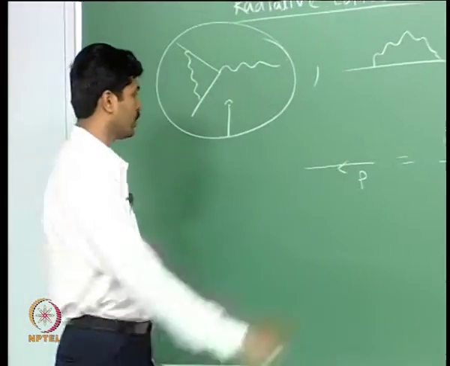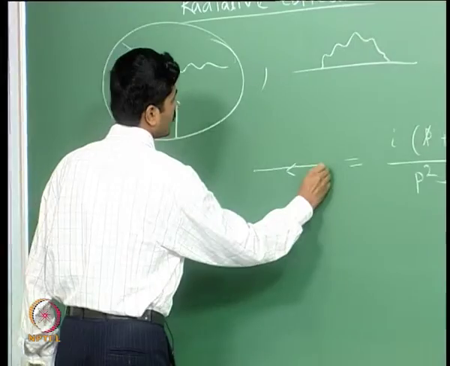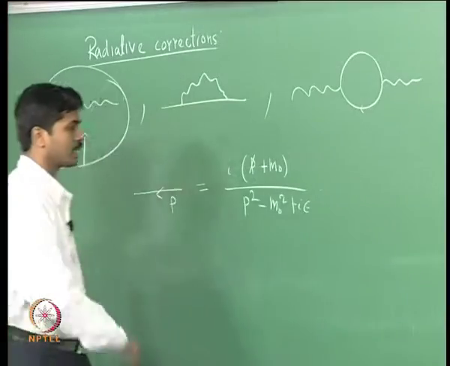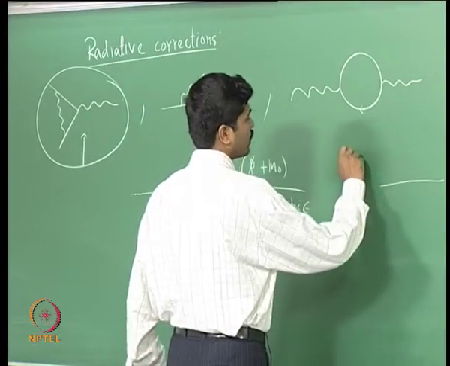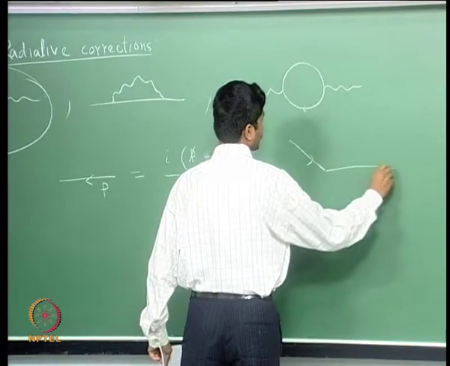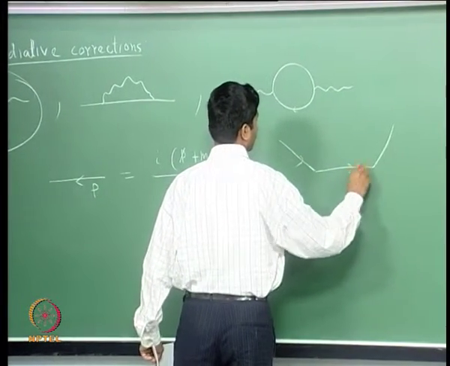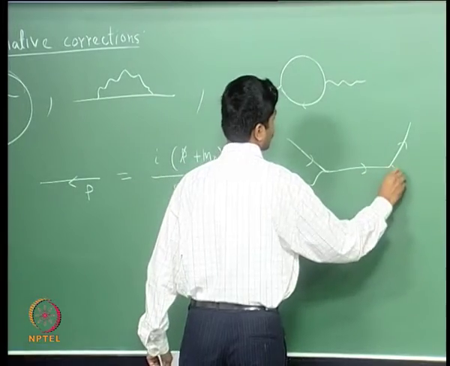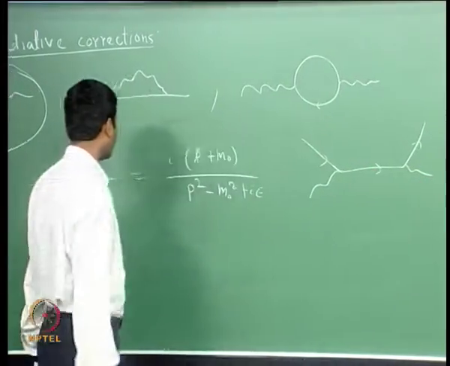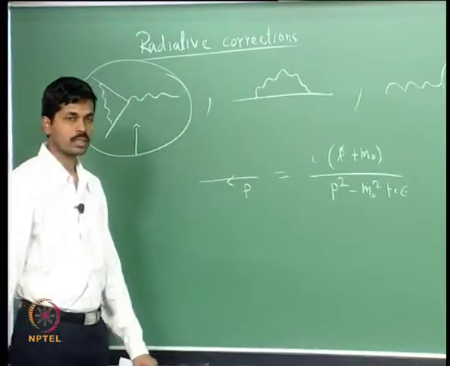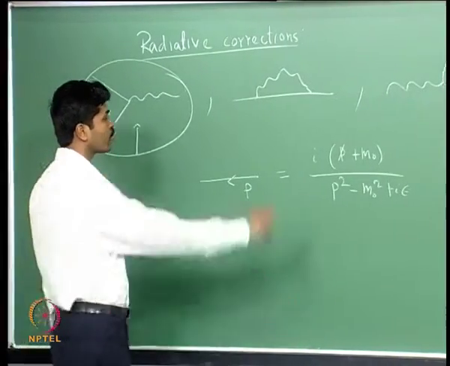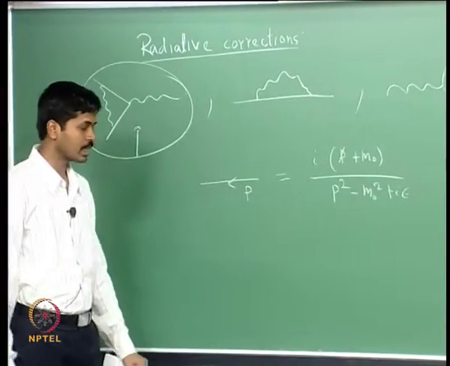Basically, you consider this in between some external lines. For example, if you have a process like this, something like that, the propagator part is given by this. This is at the tree level, and at the one loop level, this is the diagram.